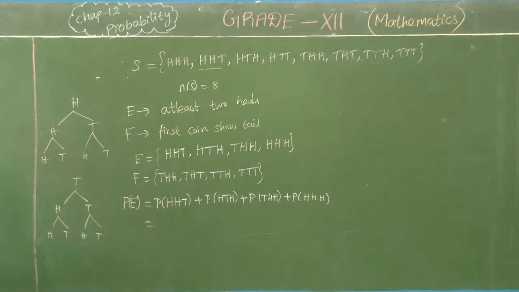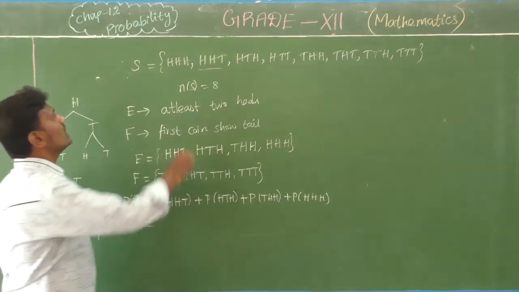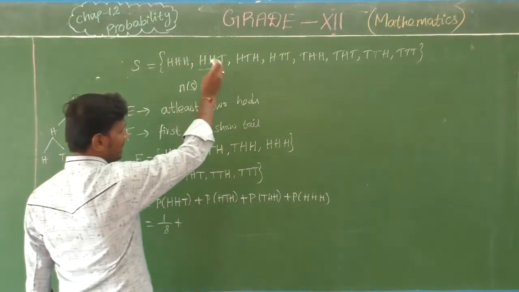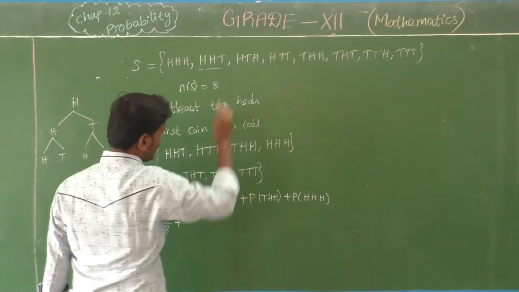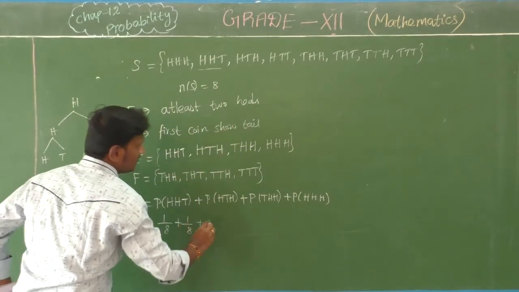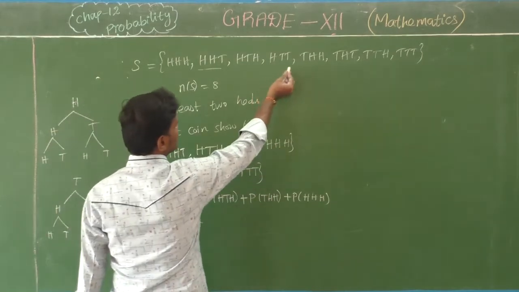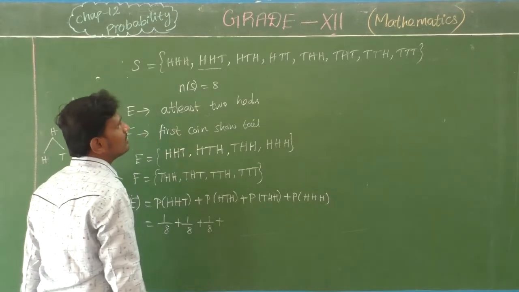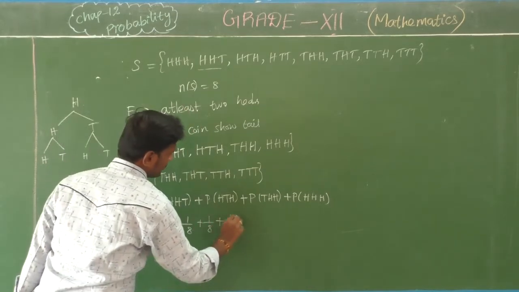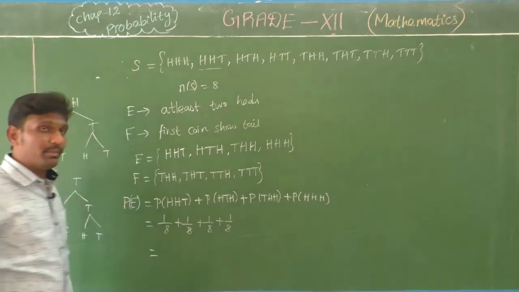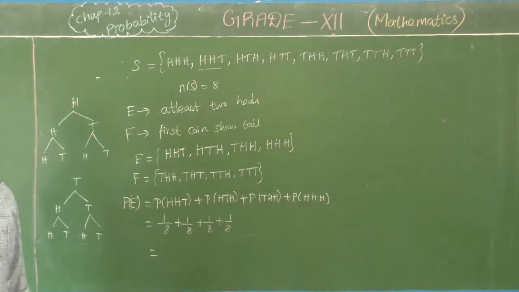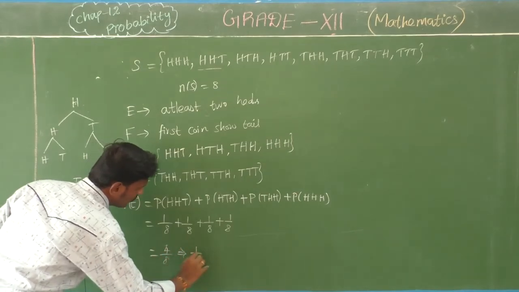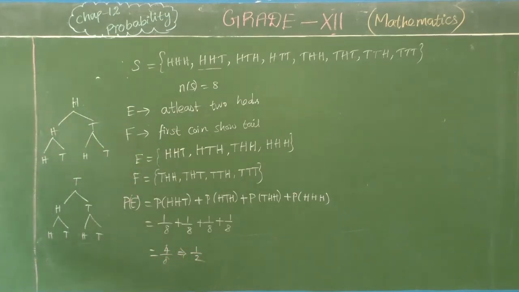Only once. So 1 by 8 plus HTH, that's also 1 by 8, plus THH, how many times? 1 by 8. Finally triple H, that's also 1 by 8. So now I simplify 1 by 8 plus 1 by 8 plus 1 by 8 plus 1 by 8. So 4 by 8 is coming. So what is your final answer? 1 by 2.